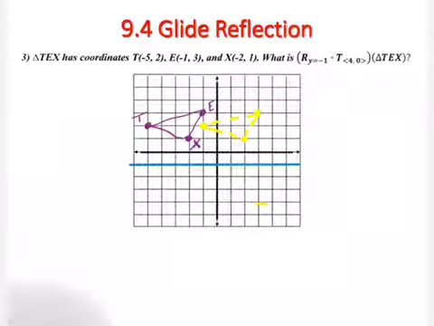From there, we're then going to reflect across the line y equals -1, which is a horizontal line at -1. So we go down 2. This is X prime. Then we go down 4. This is E prime, and then T prime.